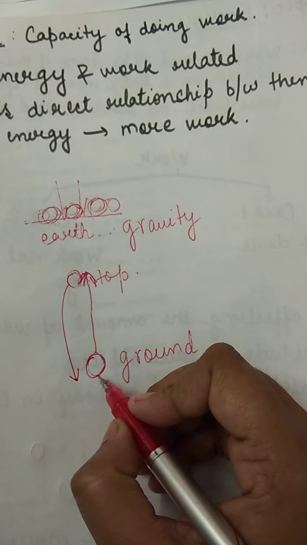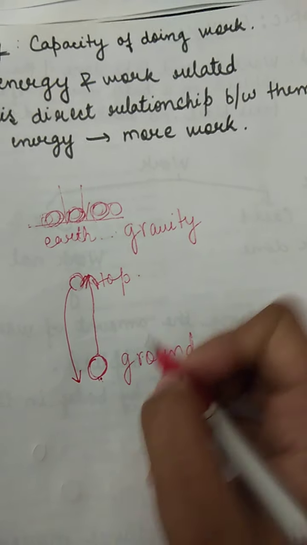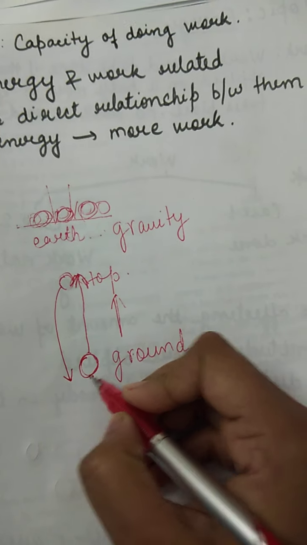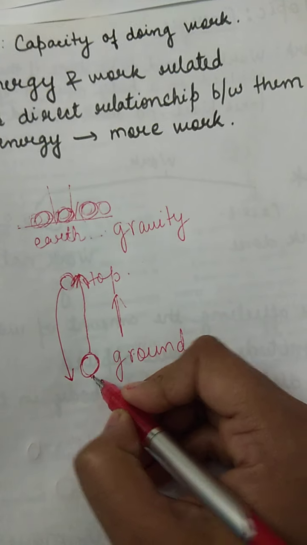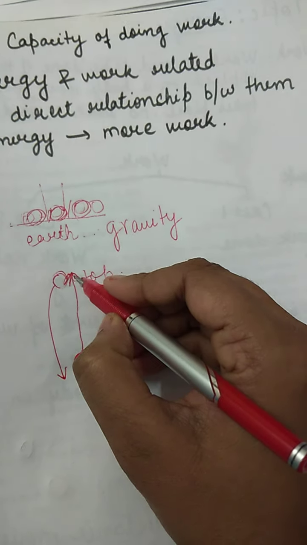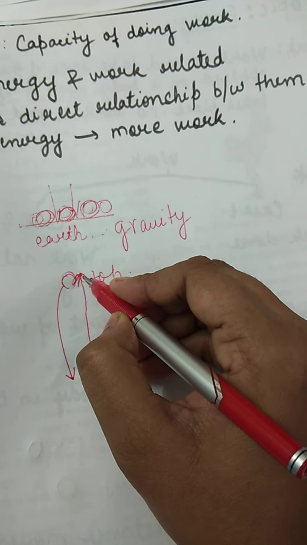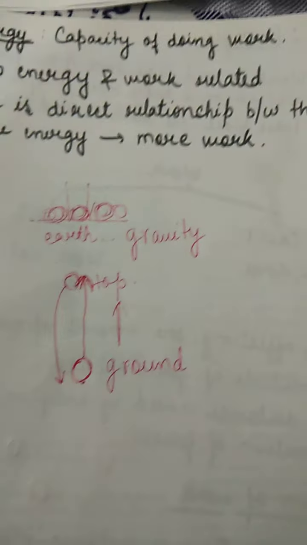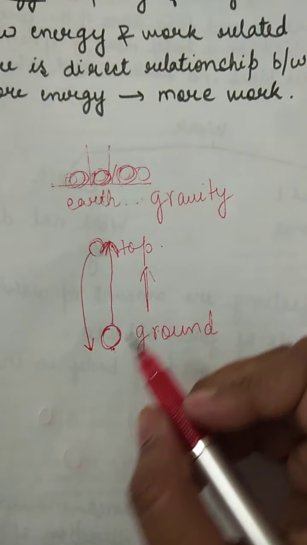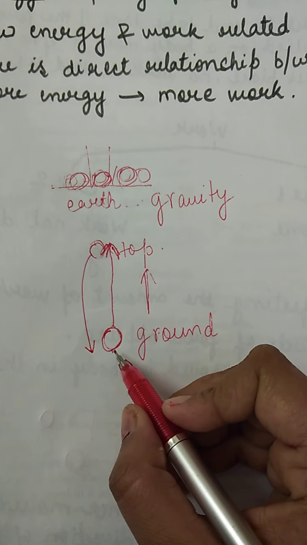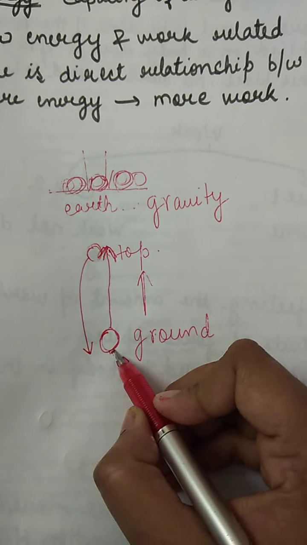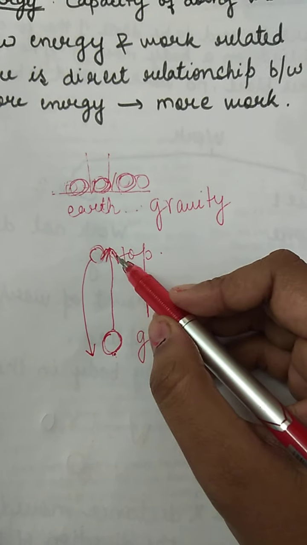So when the ball is thrown from the ground to the top, work is done by the ball from here till the top position. And why is the work being done by the ball? Because this ball was filled with energy, and because it had energy, the work is done by the ball.